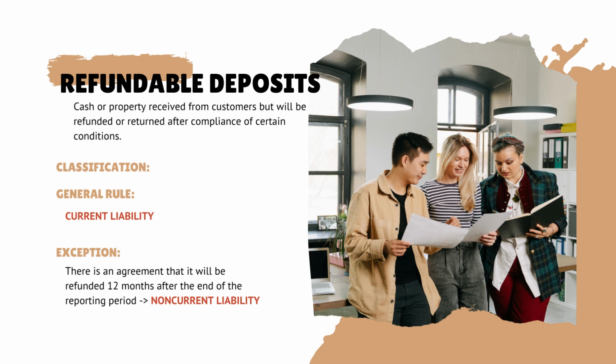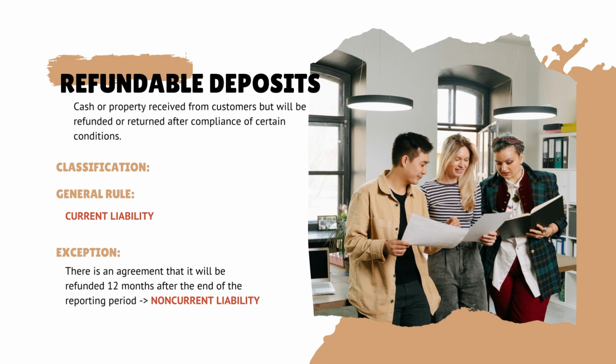For the classification, the general rule is it is a current liability. The most common example is when we buy Coke, Sprite, soft drinks or other bottled soft drinks that don't have a container. Right, when we buy at a sari-sari store, they ask for a deposit of 5. Then they return the 5 if you return the container. So that 5 deposit is what we call refundable deposits.